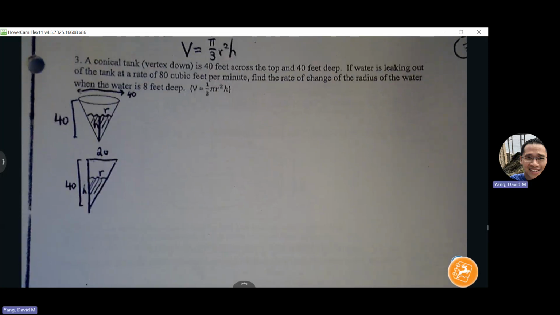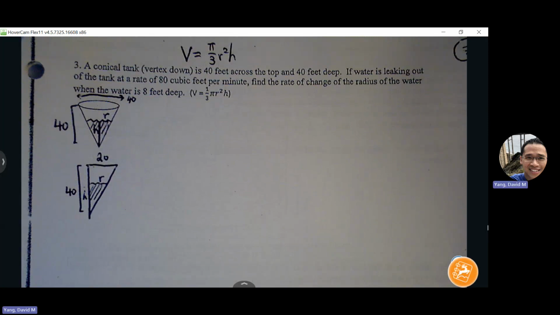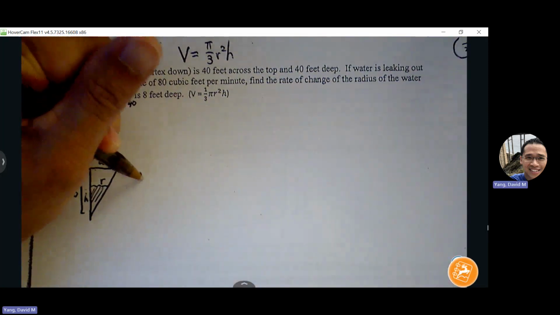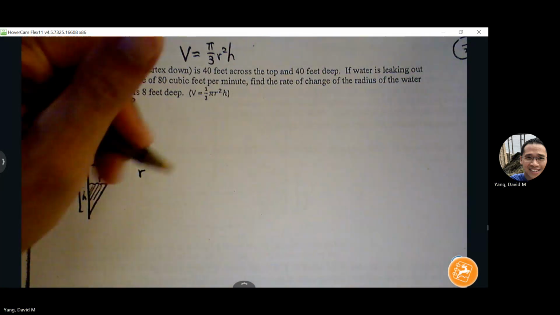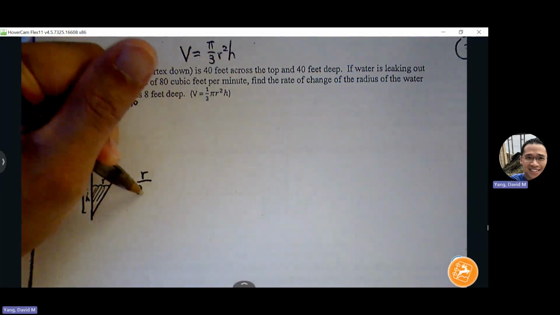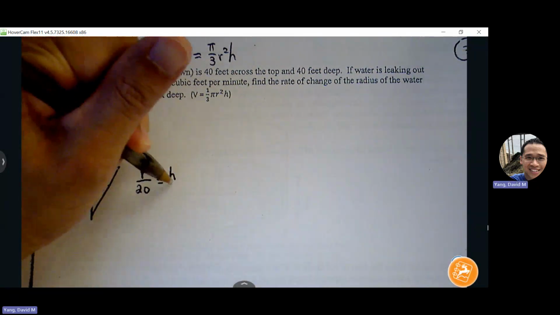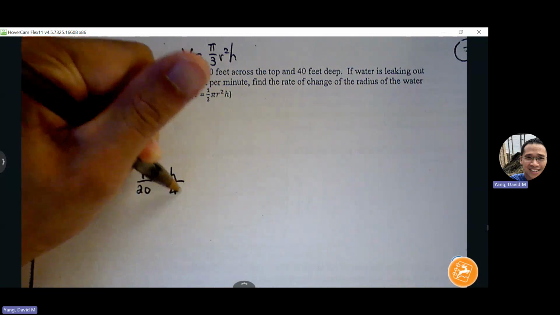We're going to set up a relationship between R and H, and we're going to use proportions because we have a triangle within the triangle, so we can do this. We can say the radius of the small cone is to the radius of the large cone, which is 20, as the height of the small cone is to the height of the large cone, which is 40.